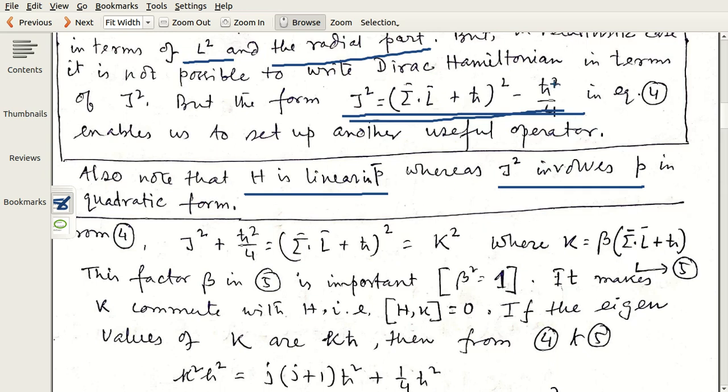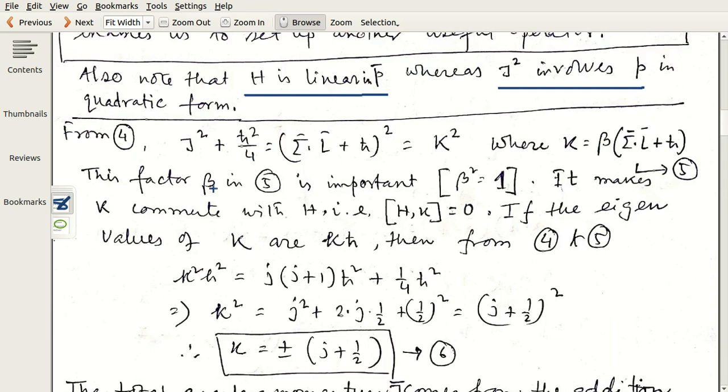Just take this h cut square by 4 on the left side, and you are left with J square plus h cut square equals sigma dot L plus h cut square, and you name it K. Then K will be equal to sigma dot L plus h cut. But this is not enough. For mathematical convenience, we will not work it out in detail.